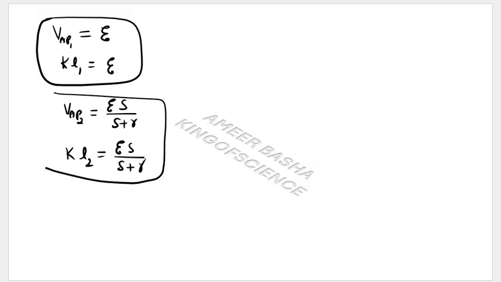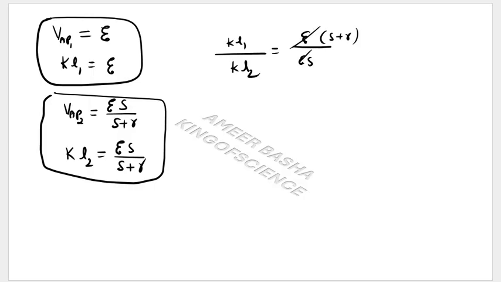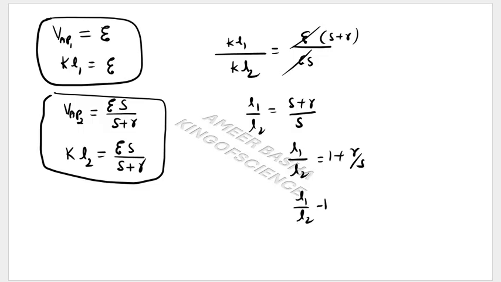Now divide both the equations. KL1 divided by KL2 will be equal to E divided by ES into S plus R. See here, E cancels, and K also cancels, so L1 by L2 equals S plus R by S. From here, L1 by L2 will be equal to 1 plus R by S. So L1 by L2 minus 1 is equal to R by S. From here I required R: R is equal to S into L1 by L2 minus 1.